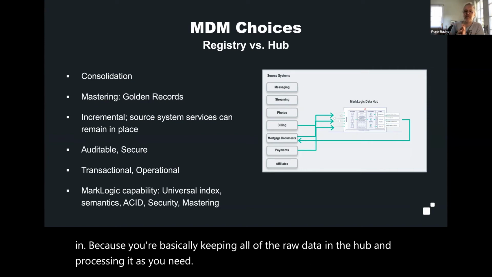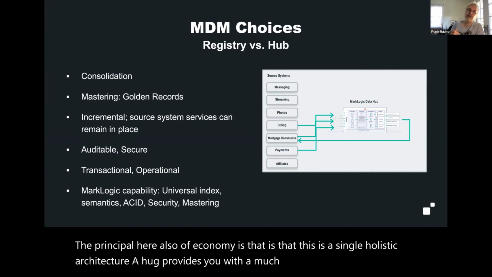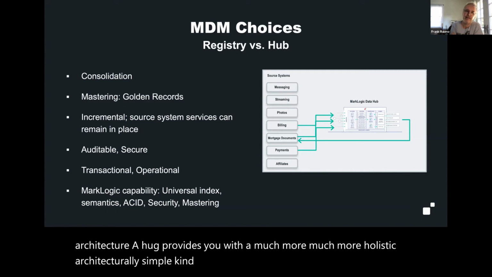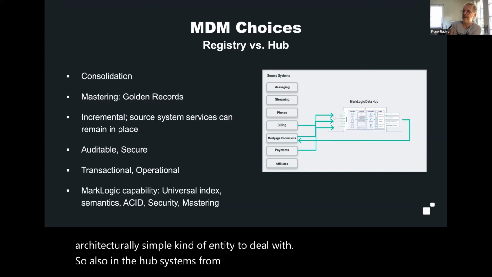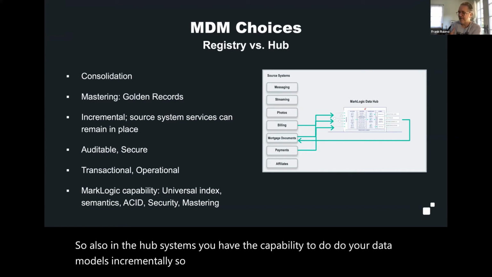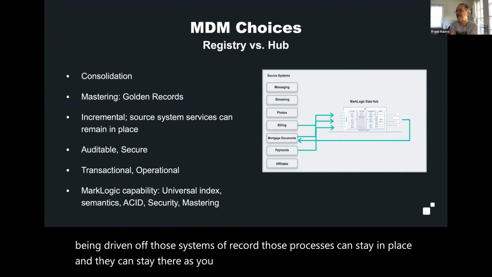The principle here also is economy: this is a single holistic architecture, and a hub provides you with a much more architecturally simple entity to deal with. Also in hub systems, you have the capability to do your data models incrementally. So if you have crucial business processes being driven off those systems of record, those processes can stay in place, and they can stay there as you model your data hub.